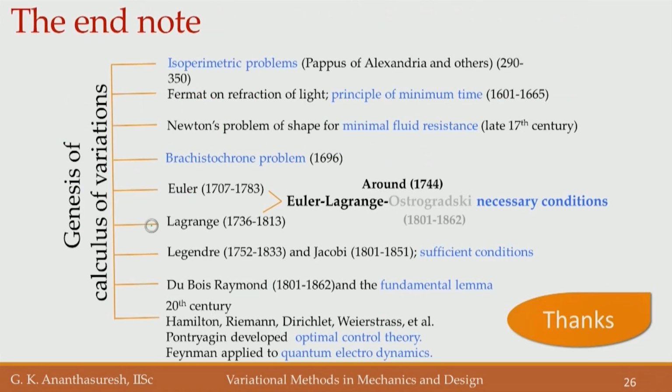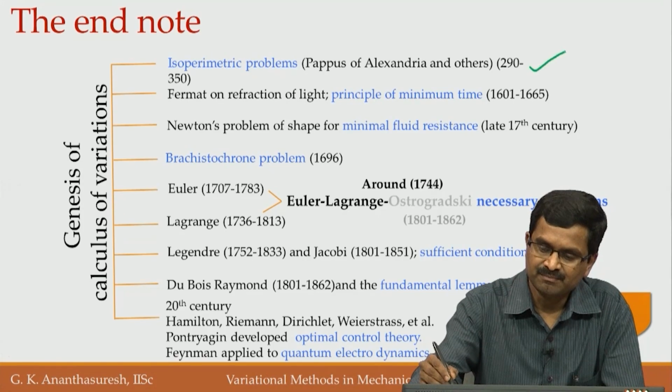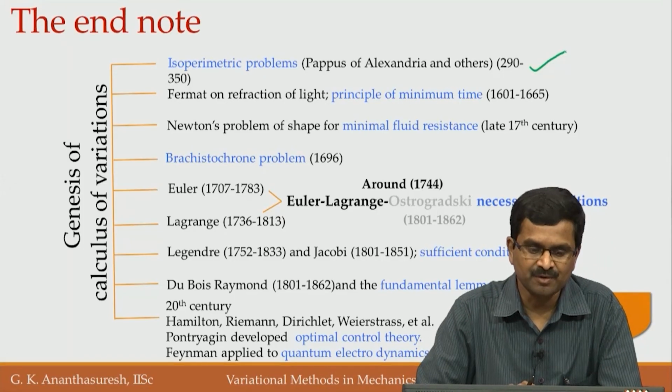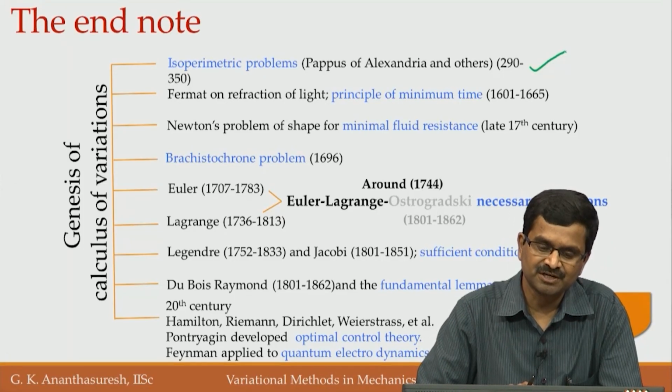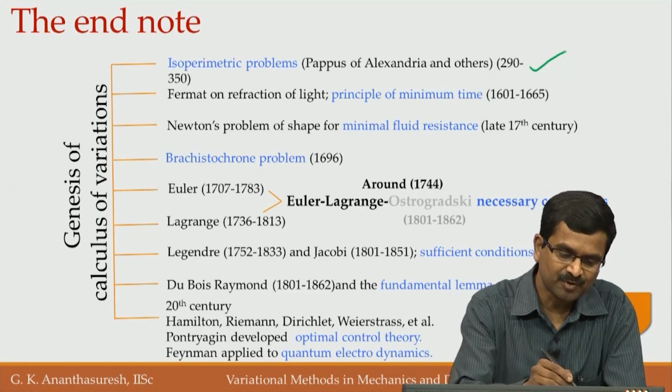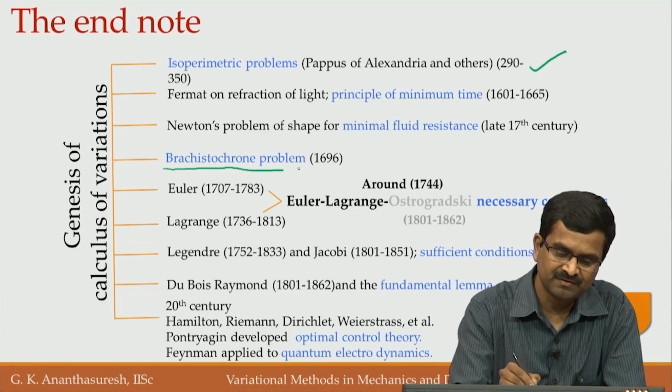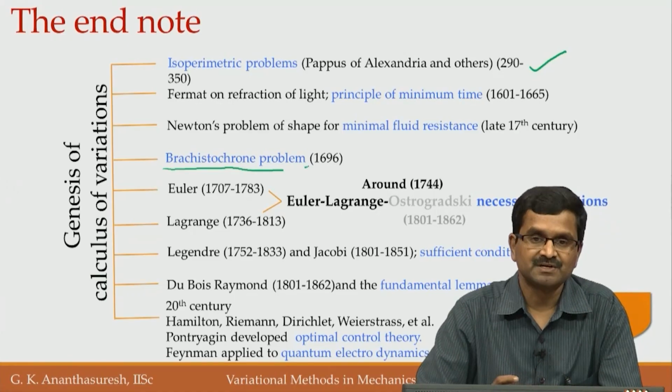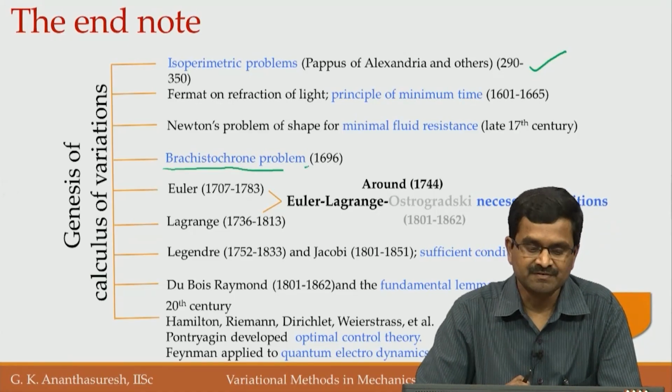Just to summarize what we have discussed today, historically, from ancient times BC, there was the isoperimetric problem, then Fermat's conjecture about refraction of light, that light rays take the minimum path, and then the classical problem of Brachistochrone at the end of the 17th century.